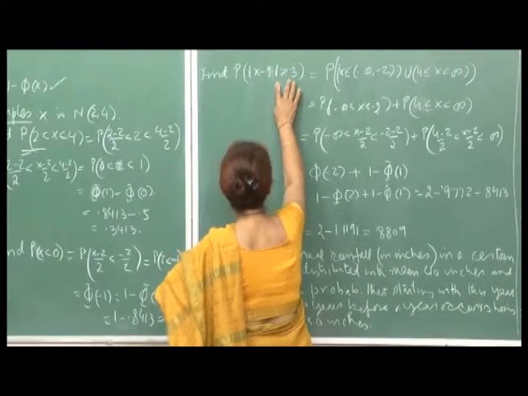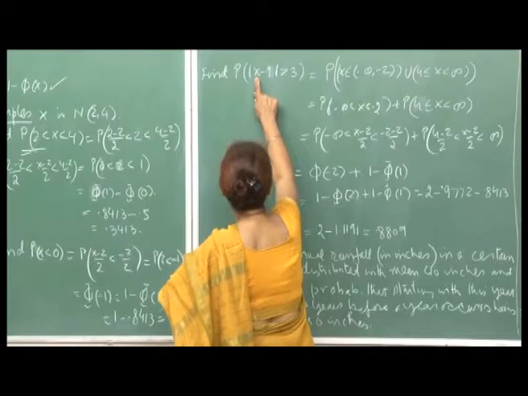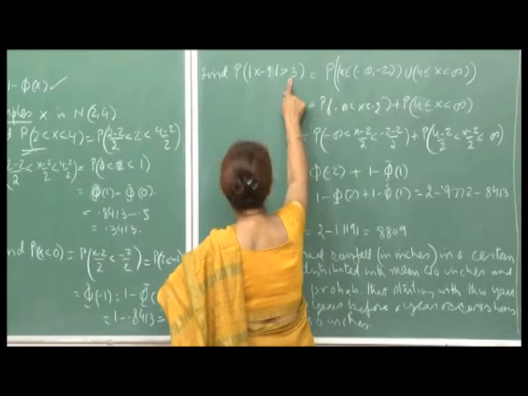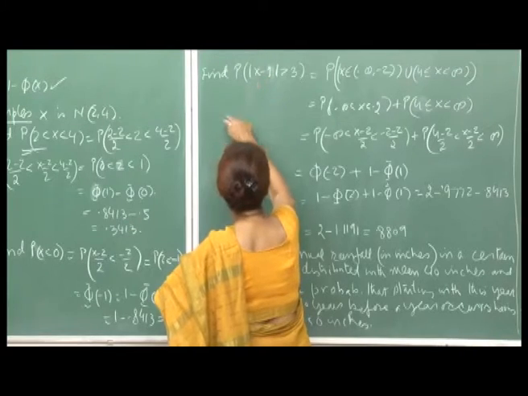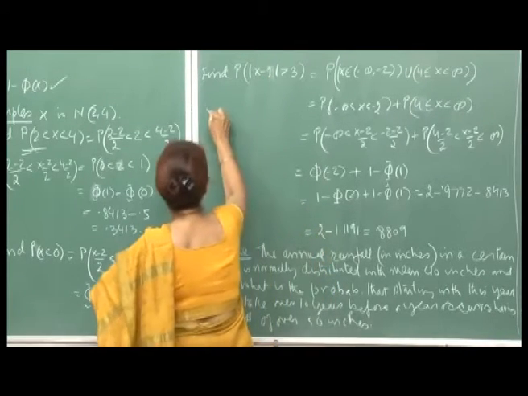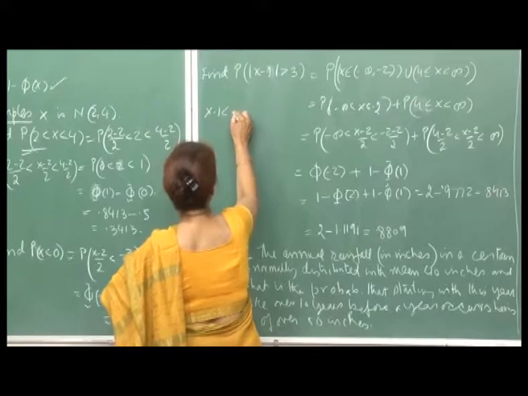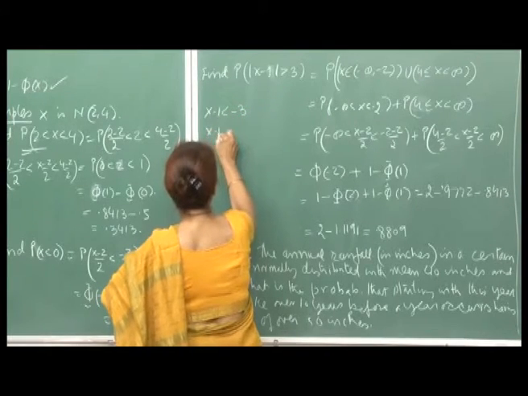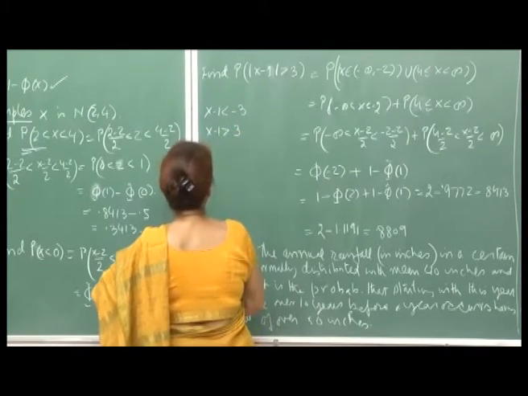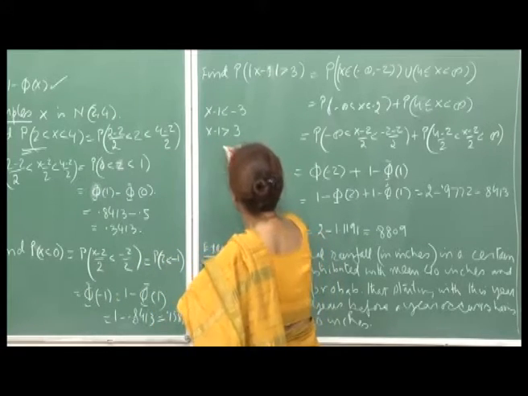Now, when you want to compute the probability that the absolute value of x minus 1 is greater than 3, what are you saying here? You are saying that x minus 1 should be greater than 3, or x minus 1 should be less than minus 3. From here, what do you get?